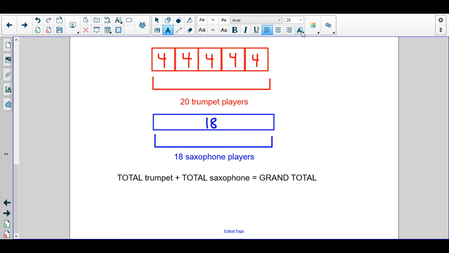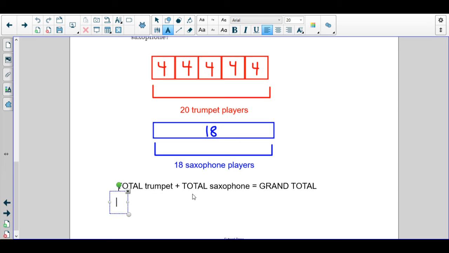Well, right there we had 5 groups of 4. And then we add 18, because they said we had 18 saxophone players, and that is going to give us a grand total of 38? I believe so.